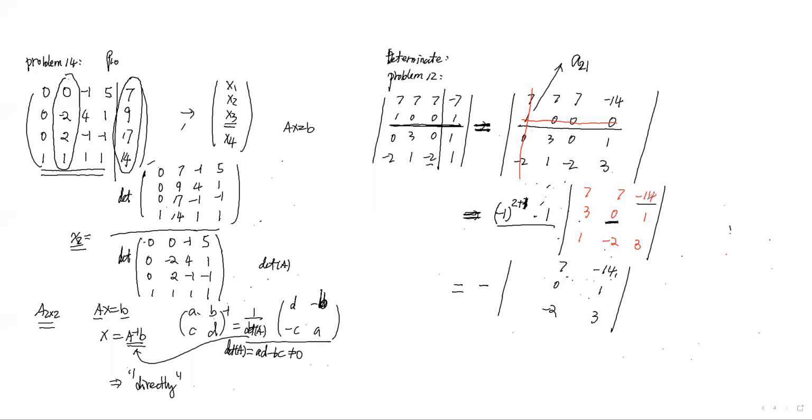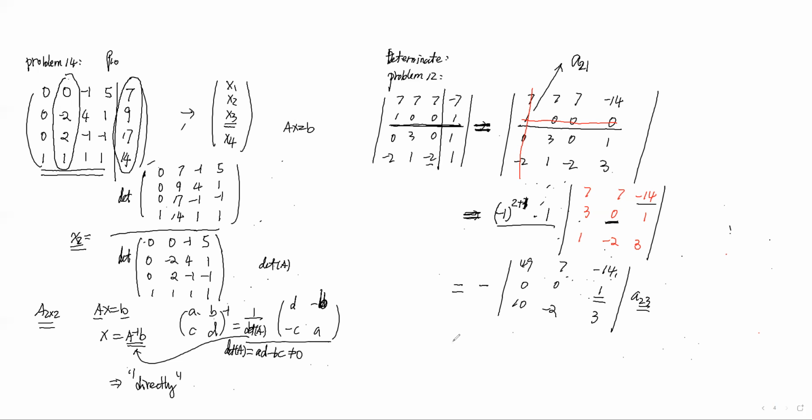Okay, so we get 42, right? 0, -3, 10. And then we get 1. So this place is A23.